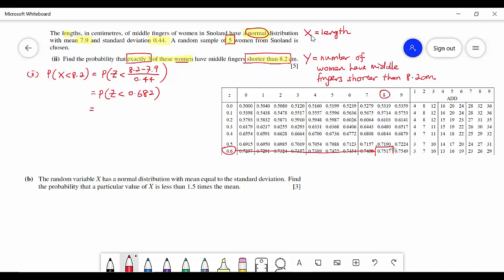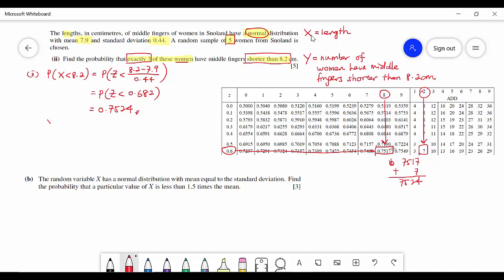So 6, 8 means you get 7517, plus 2. With 2, so you need to plus the 7 here. So 7517 plus 7, and from here you get 7524. Therefore, the answer for this will be 0.7524. So this is a probability.